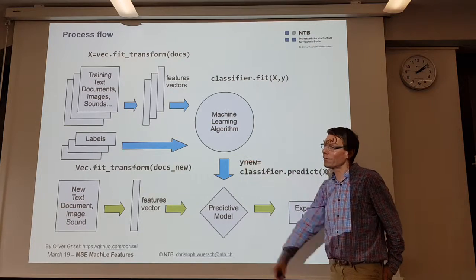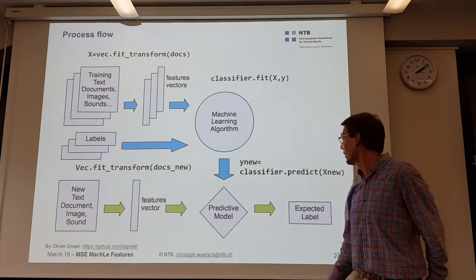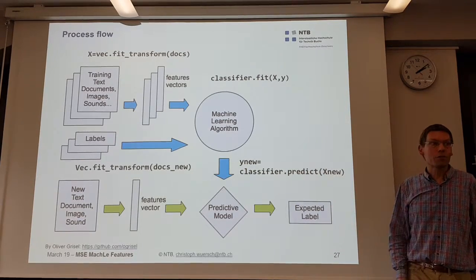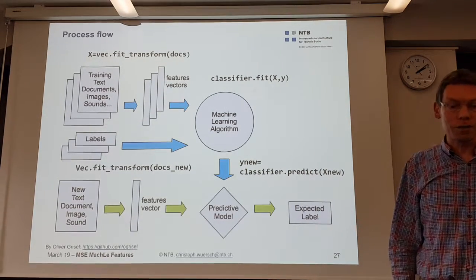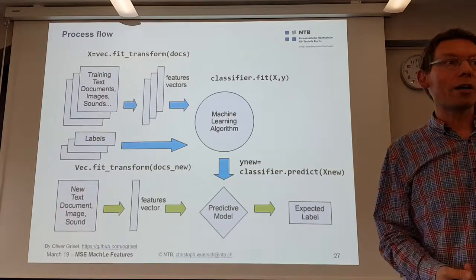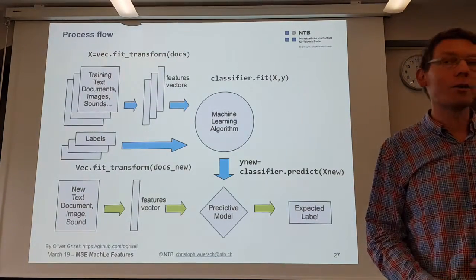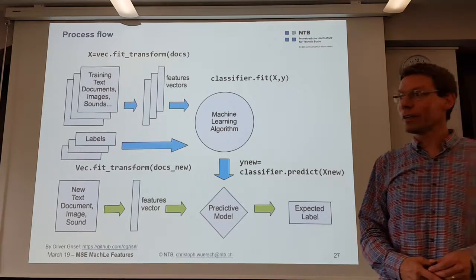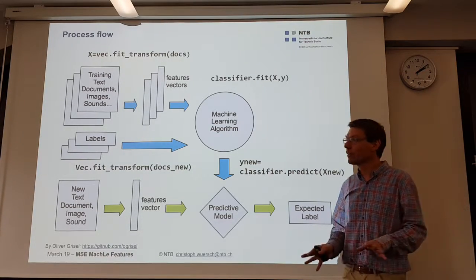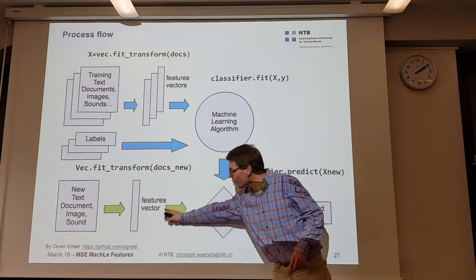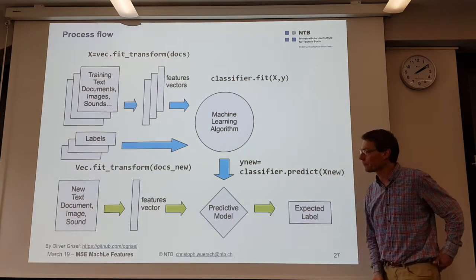It could be any classifier, and we would also use a predict to get, for example, the expected label of a text, to say, okay, this was a benevolent message or a tweet, which means it was good for me, or this was quite a hard critique. And we could sort these texts automatically. But first we have to generate those feature vectors.